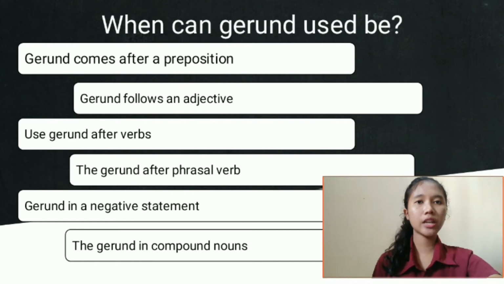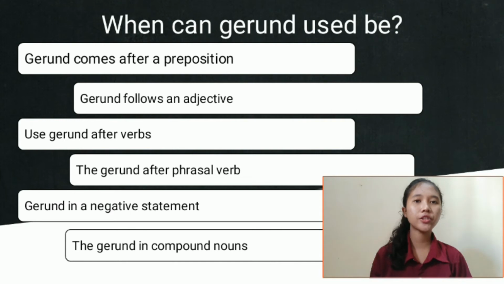The second is gerund follows an adjective. Gerund also follows common adjectives. Besides, it is not uncommon for the adjective to add a preposition before the gerund, like afraid of, angry at, interested in, proud of, and the others.